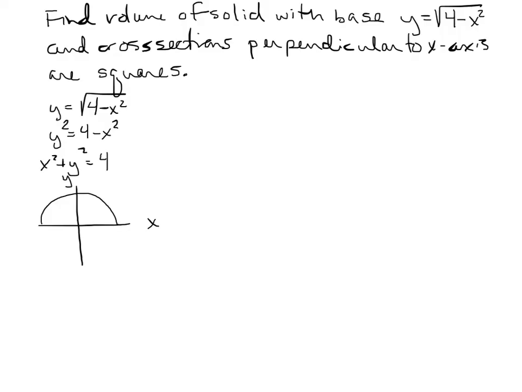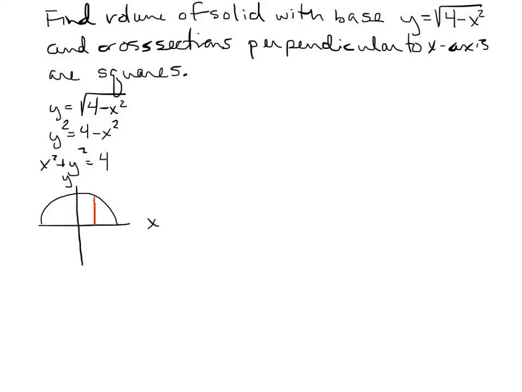Now cross sections, so kind of taking care of this part of the problem. Now cross sections perpendicular to the x-axis. I'm going to draw a cross section in there. So I go to the x-axis and I draw a line perpendicular to it. So there's a cross section, and those cross sections are square.